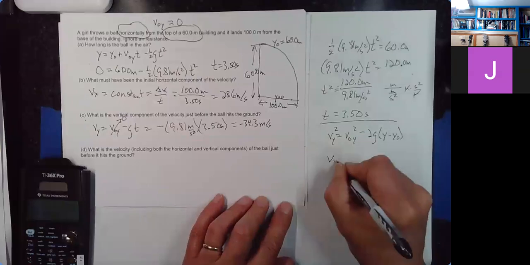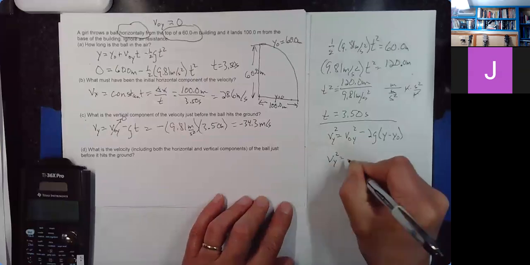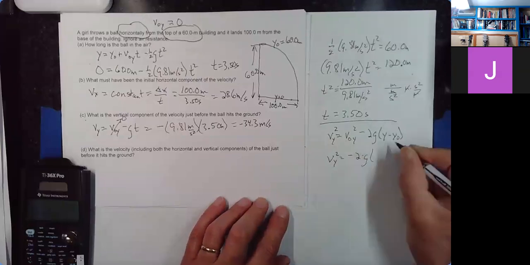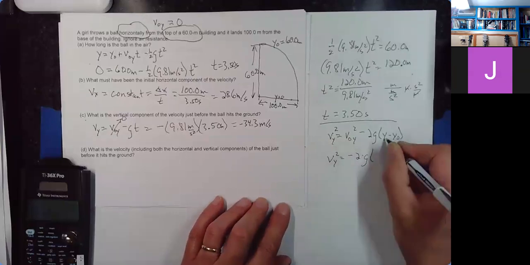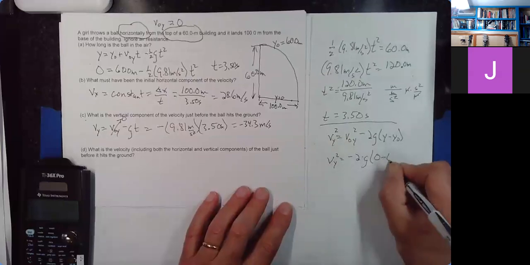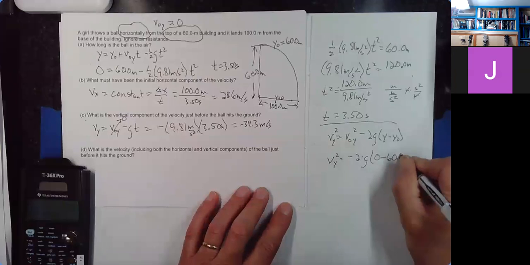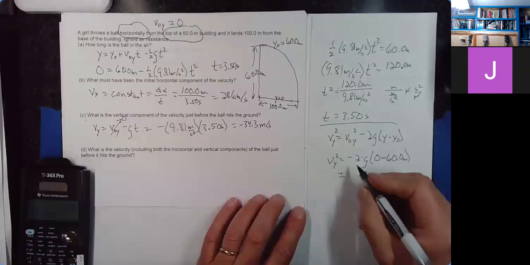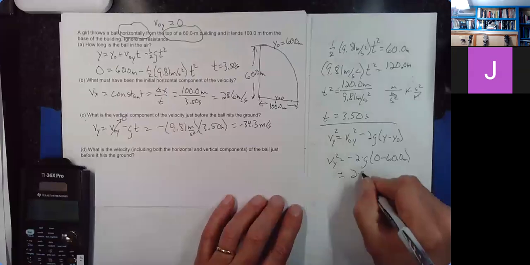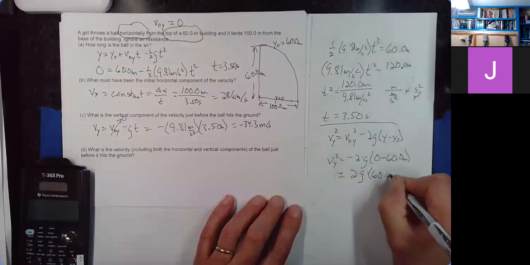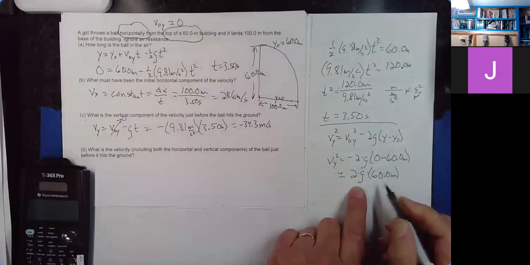So v sub y squared is going to be minus 2 times g times y naught was 60.0 meters. y is going to be 0 when it hits the ground. So it'll be 0 minus 60.0 meters. And this all ends up being 2 times g times 60.0 meters. So I know g, and so this is going to be something.